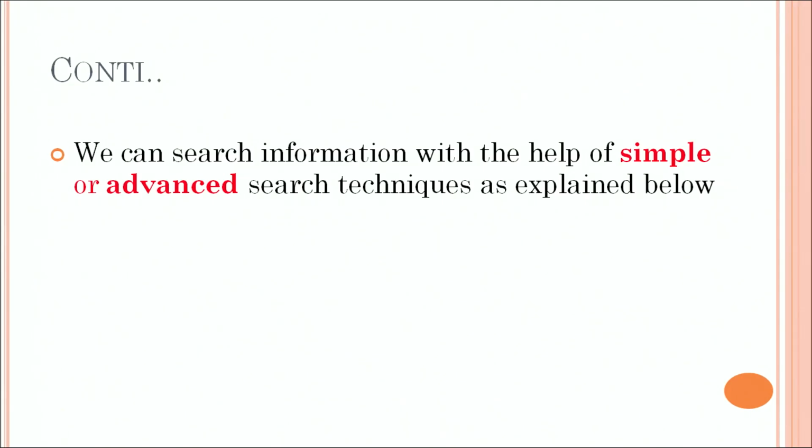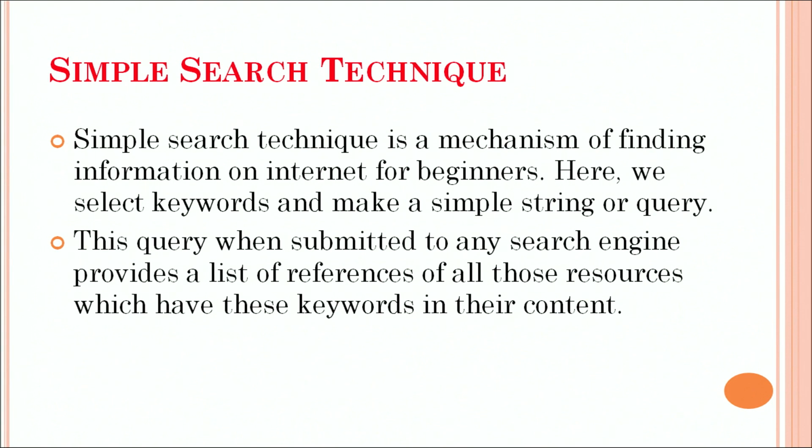We can search information with the help of simple or advanced search techniques. We will be explaining them like this. The simple search technique is a mechanism of finding information on the internet for beginners. Here we select keywords and make a simple string or a query.